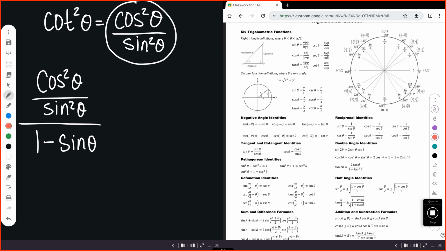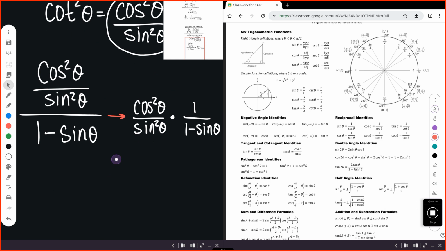So again, we're going to keep the numerator. I'm going to multiply now, and I'm going to find the reciprocal of my denominator, which is going to be 1 over 1 minus sine theta.